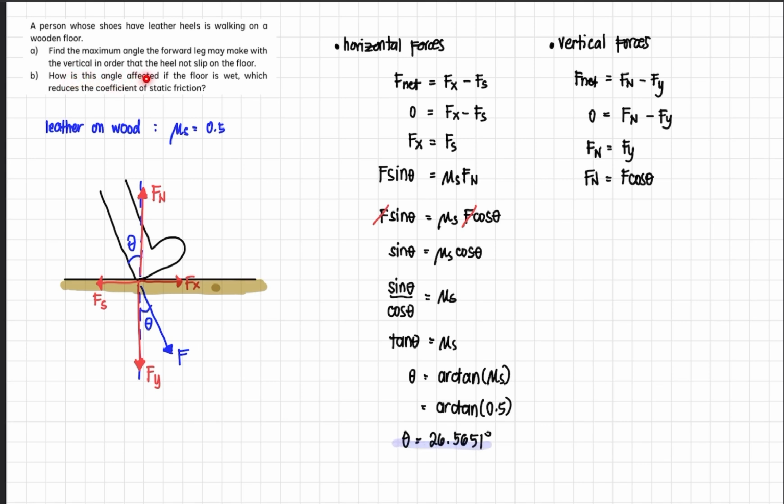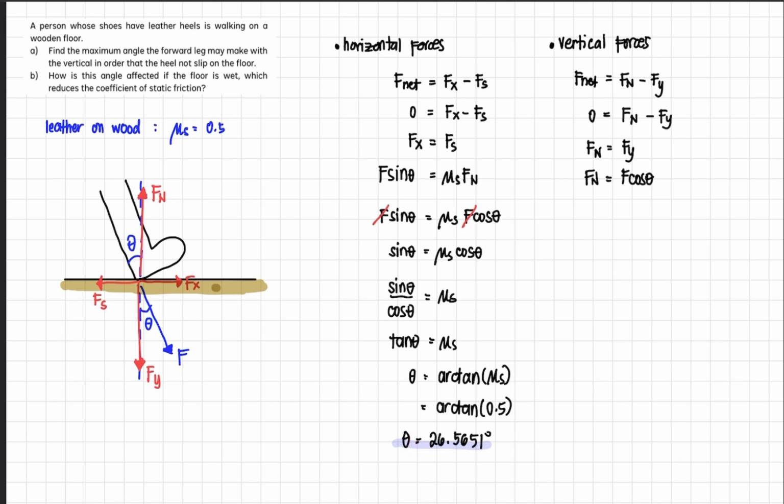How is this angle affected if the floor is wet, which reduces the coefficient of static friction? From this relationship, if the coefficient of static friction would be lesser now than 0.5, because this is the maximum angle of theta, then if you decrease the coefficient of static friction, the angle should also be decreasing so that we will not slip on the floor.